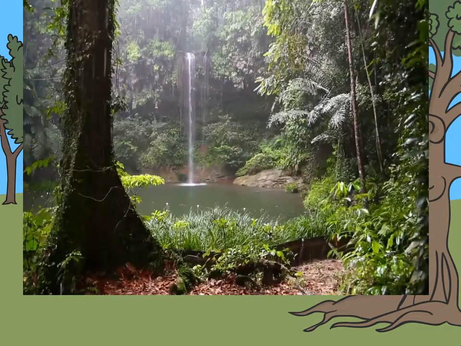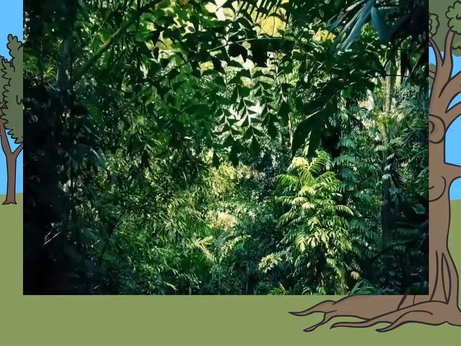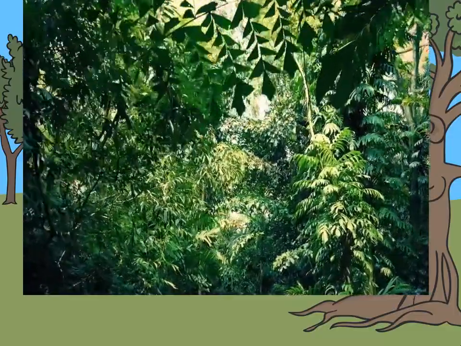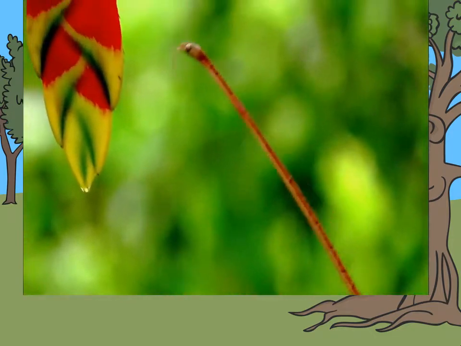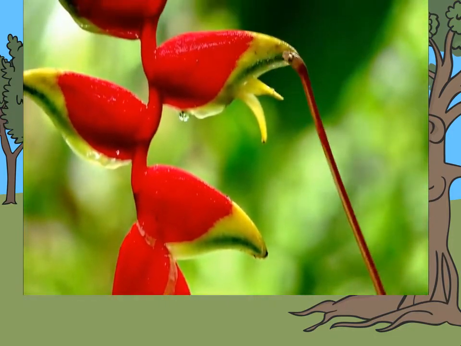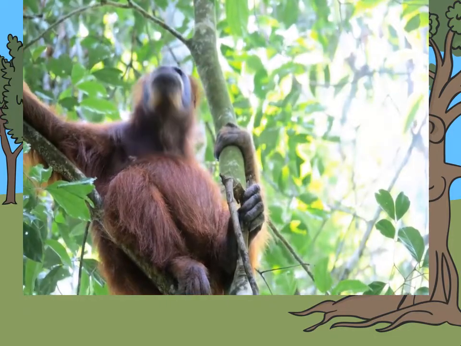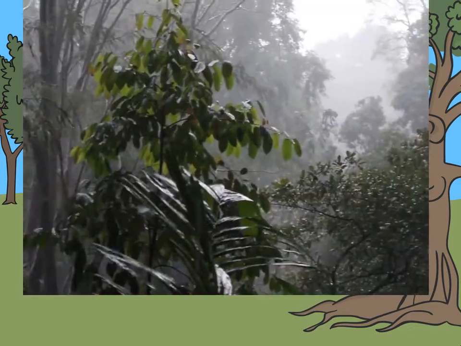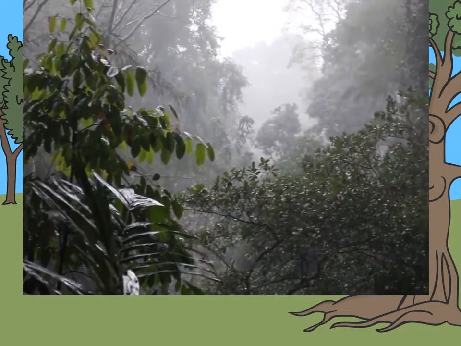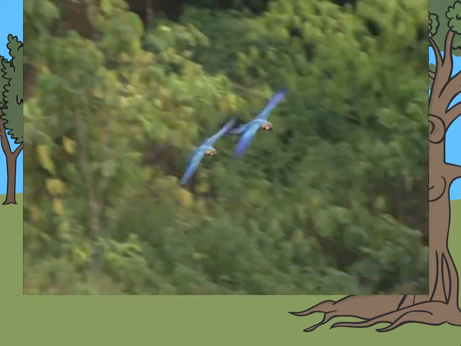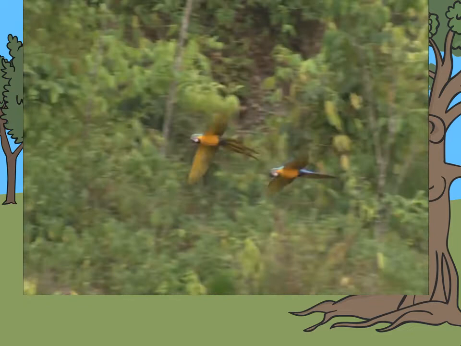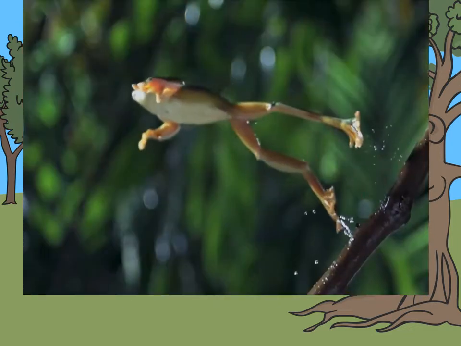Where in the world is this habitat? The trees are taller than tall. It's ablaze with colour. It's hot, humid, and it rains. A lot. It is home to half of the plant and animal species on Earth.